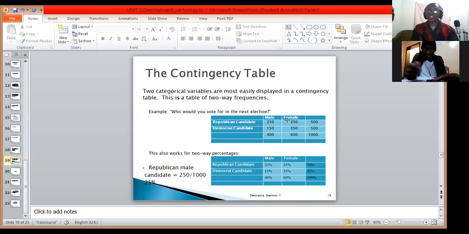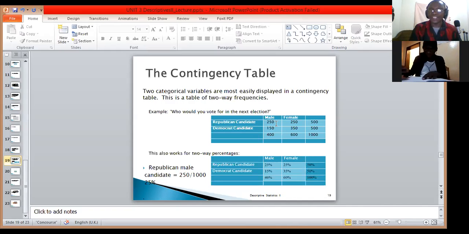Then we have got two political parties, Republican and Democratic. So we want to find the probability of picking a male candidate who is a Republican. Okay. So in that question of probability, you use a contingent table.